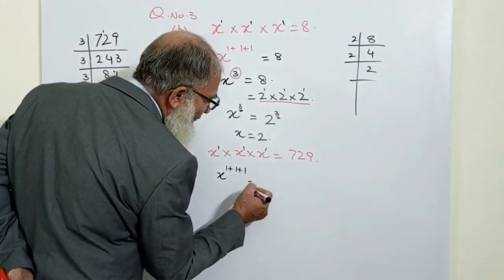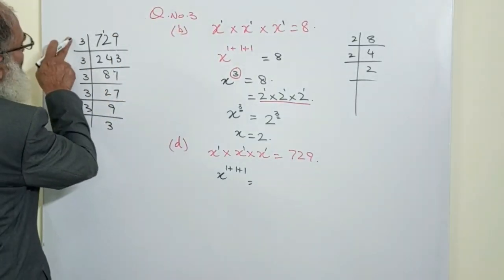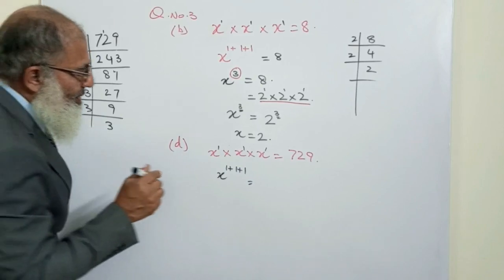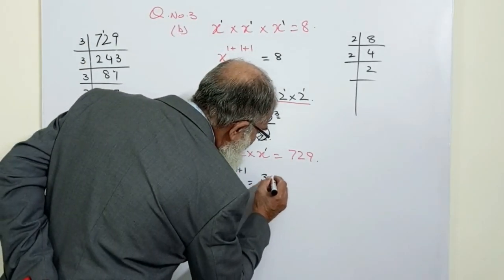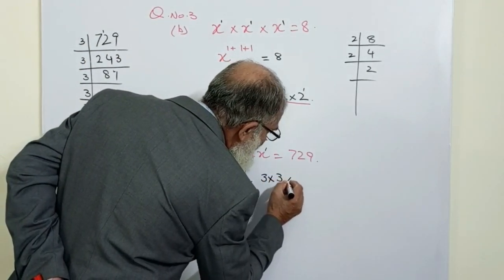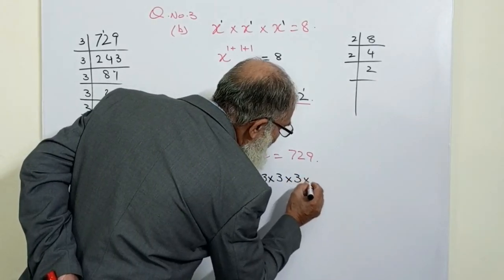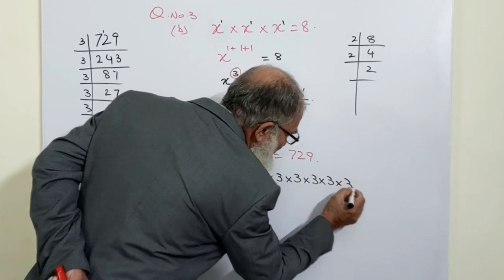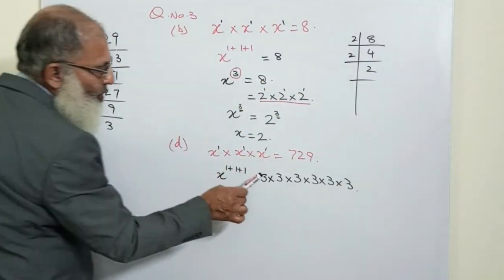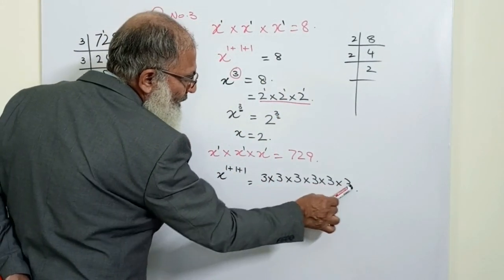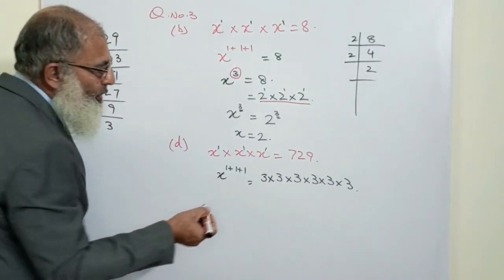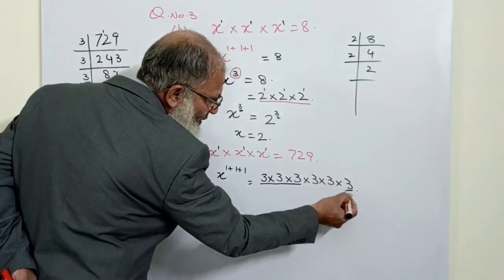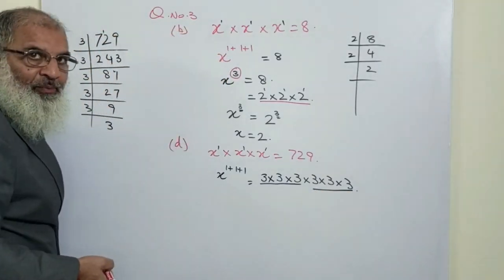So what I write here is 6 threes: 1 times 3 times 3 times 3 times 3 times 3. Now I have to make a tri-pair.